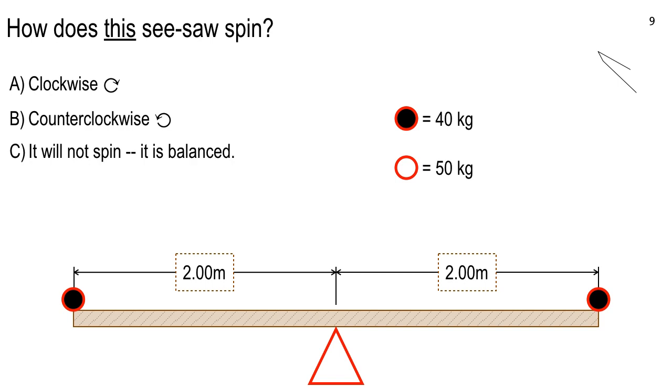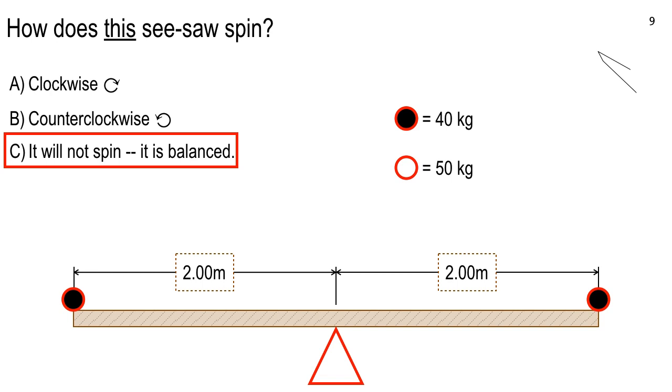Ten seconds to vote. 10, 9, 8, 7, 6, 5, 4, 3, 2, 1, 0. Okay, pretty good. You guys did well. This one is balanced, so it's not going to spin.